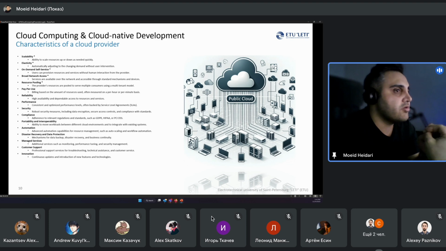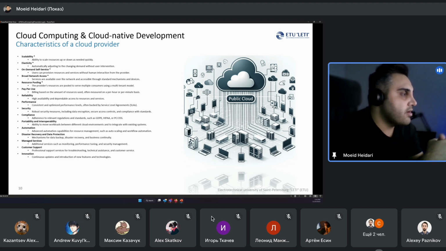If I'm using AWS, if one day I won't be happy with the services that they provide, I should be able to migrate completely and in an easy way to another cloud providing system, or maybe migrate to a private one. So it's something that a cloud provider should support. The portability is very important.